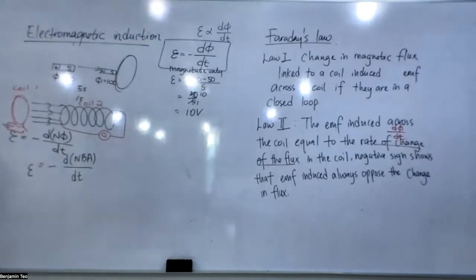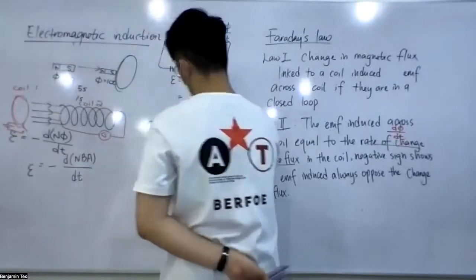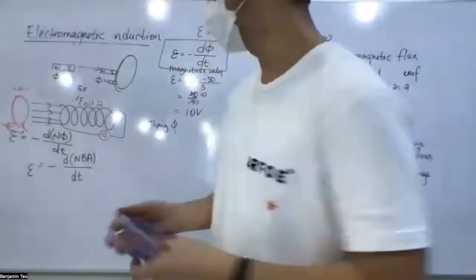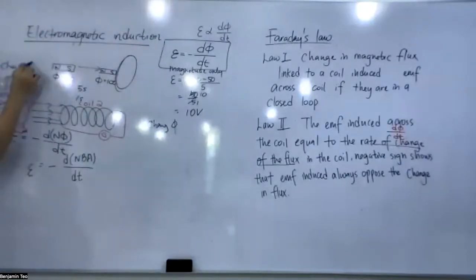Now, if I want to induce EMF on this solenoid, there are many ways I can do it. We have seen it. There are many ways to have a change in flux. You can change the angle, you can change the area, you can change the current. So let's say here I change the current by closing the switch. By closing the switch, you have a change in flux.